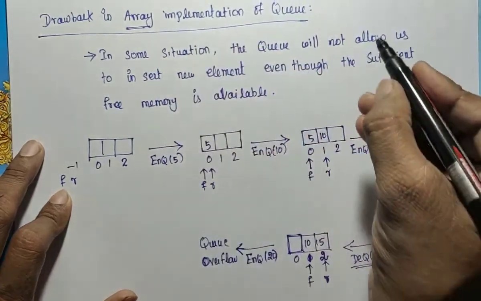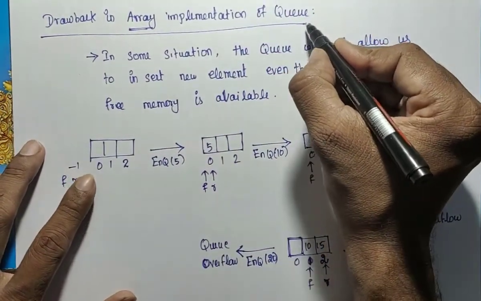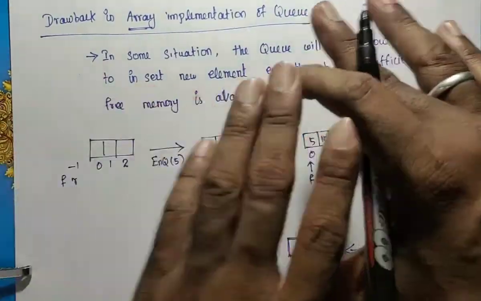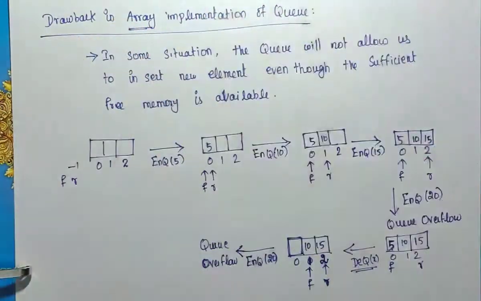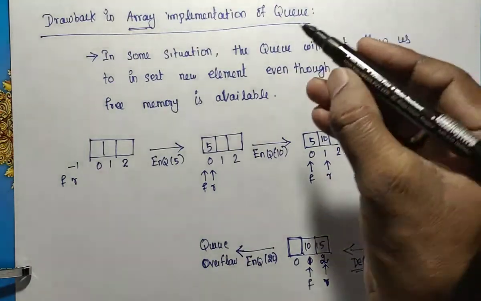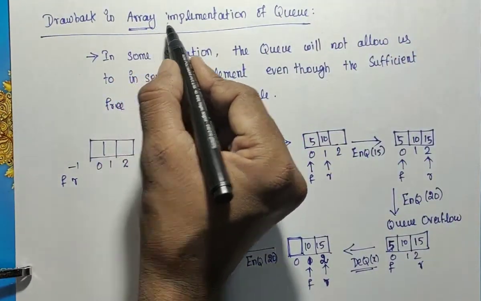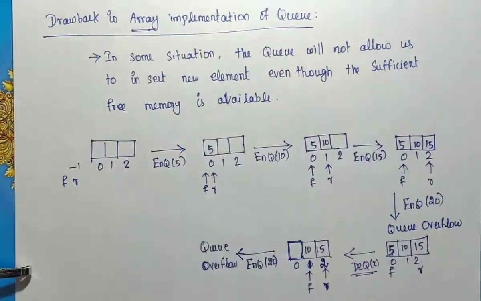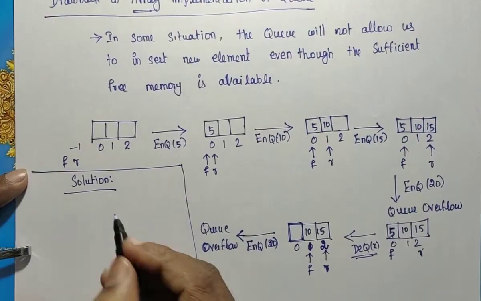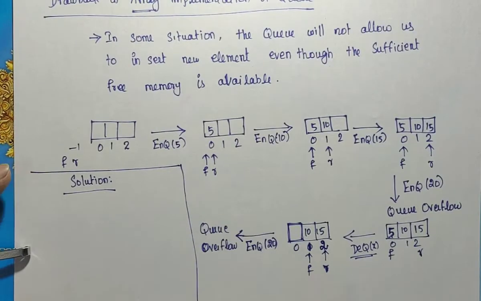But when you implement the queue using a list, this kind of drawback will not be there. So how do we overcome this drawback in the implementation of the queue using an array? What is the solution for this situation?